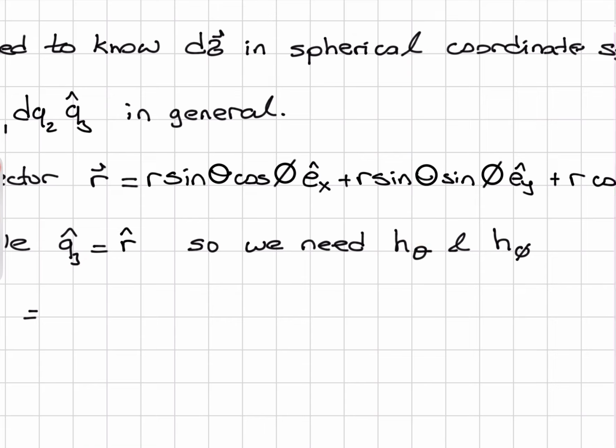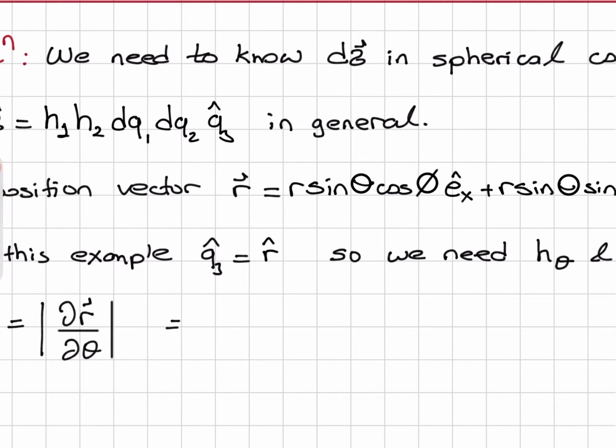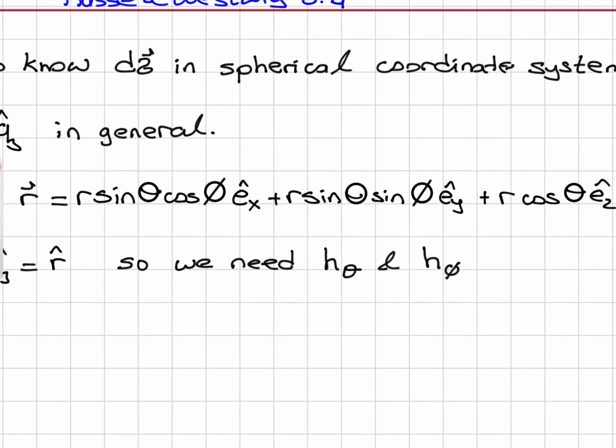Q3 is r, our radial axis. Now we have to look at the derivative of the position vector with respect to theta and take its magnitude. The derivative with respect to theta gives us r cosine theta cosine phi, r cosine theta sine phi, and minus r sine theta.